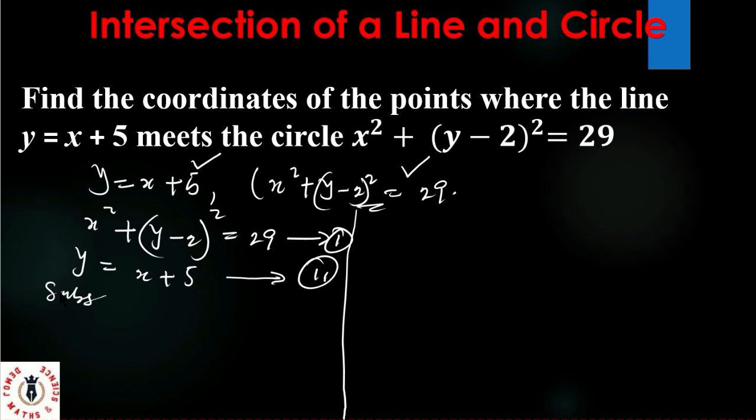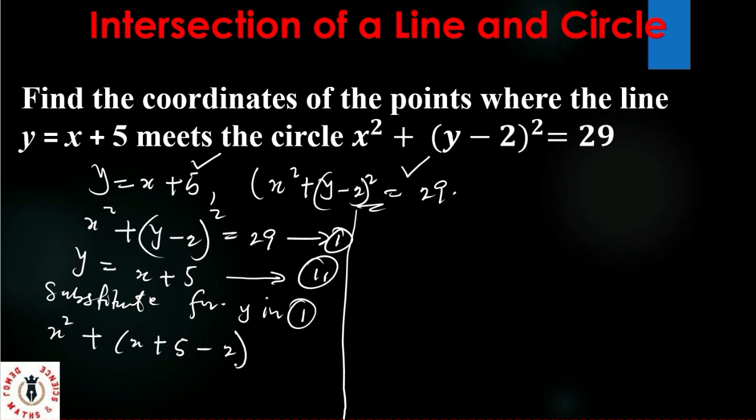So I'll substitute for y in 1 so that my 1 begins to look like x squared plus, where I have y, I'll have (x plus 5 minus 2) all squared equals 29. So that x squared plus (x plus 3) all squared equals 29.